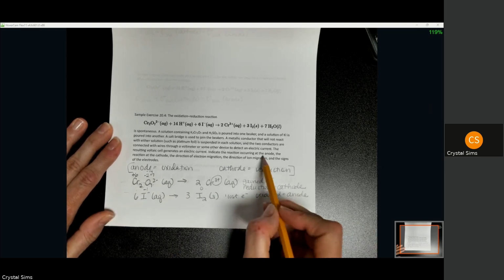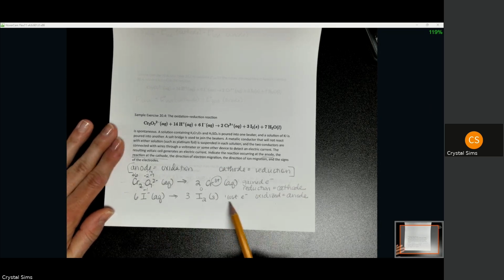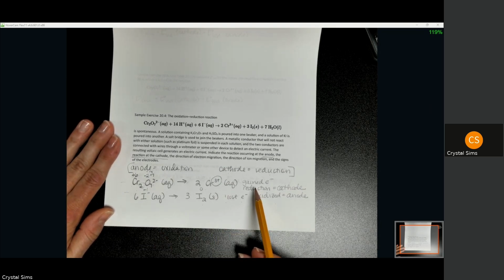So we've solved the first 2 things where they ask us the reaction occurring at the anode and the reaction at the cathode. So we've done that. So now we've got to figure out the direction of electron migration. Well, the iodine lost the electrons, the chromium gained the electrons.